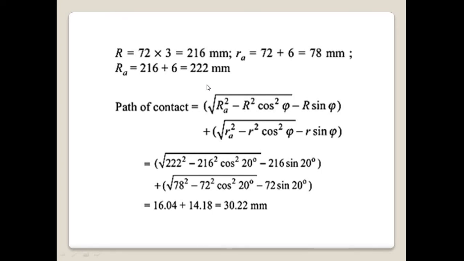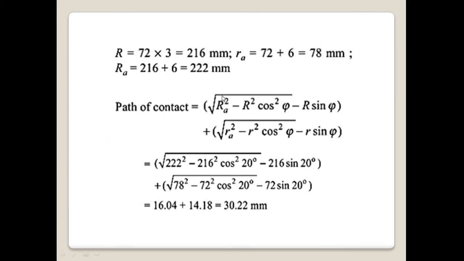The formula of the path of contact is: in bracket, under root capital RA square minus capital R square into cos square of phi, minus capital R into sin phi, bracket complete, plus under root small RA square minus small r square into cos square of phi, minus small r into sin phi, bracket complete. So this is the formula to find the length of the path of contact.